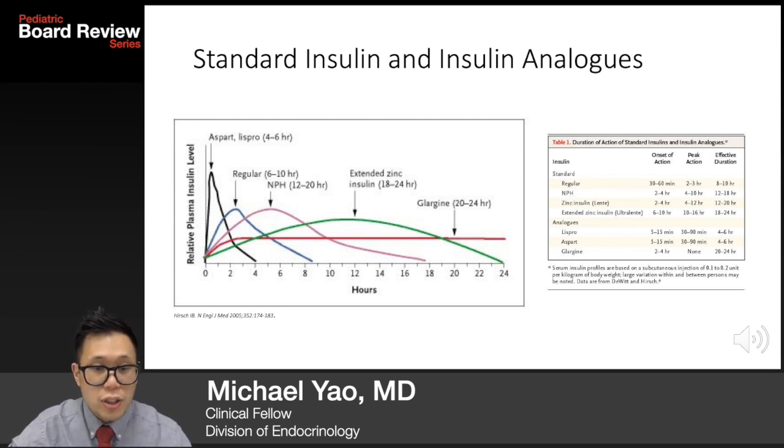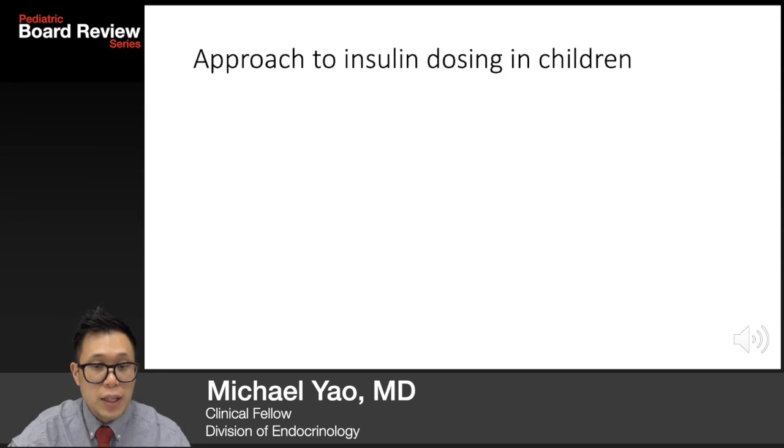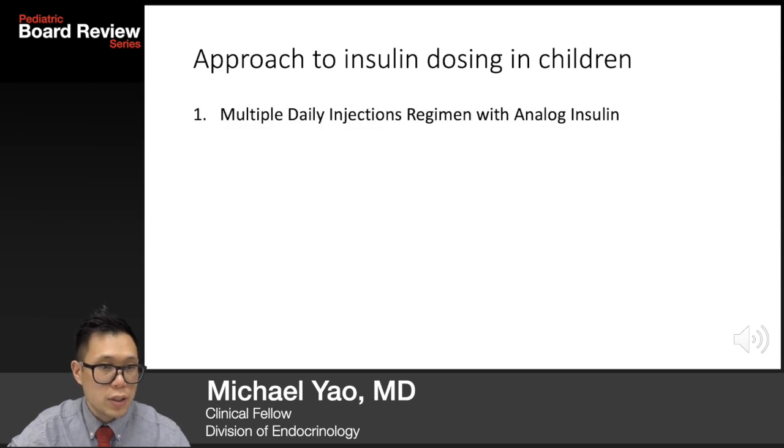The onset of action is within 5 to 15 minutes, the peak action is between 30 to 90 minutes, and the effective duration is about 4 to 6 hours. The other insulin to note that is more commonly used is Glargine or Lantus, which has an onset of action of about 2 to 4 hours. There is no peak of action, and the duration of action lasts about 20 to 24 hours.